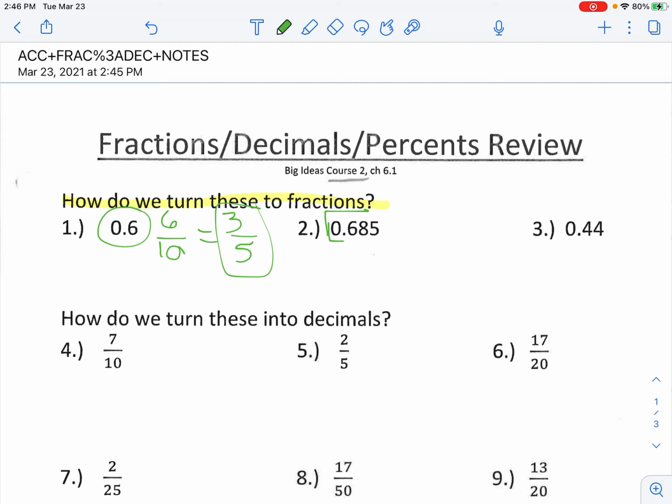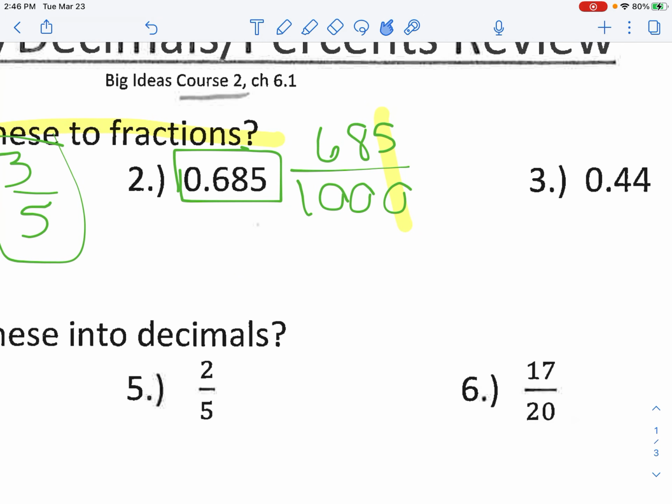This decimal is read 0 and 685 thousandths. So you're going to write the fraction exactly how you read your decimal. 685 thousandths is 685 thousandths. That is not reduced. So we know that numbers that end with 5s and 0s are divisible by 5.